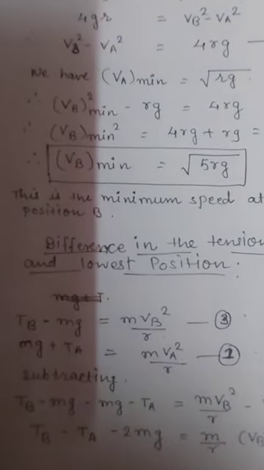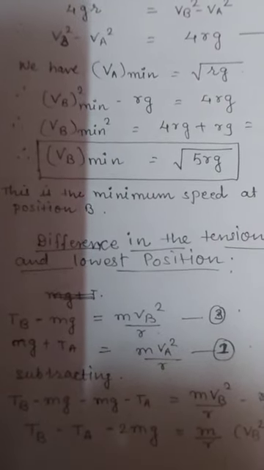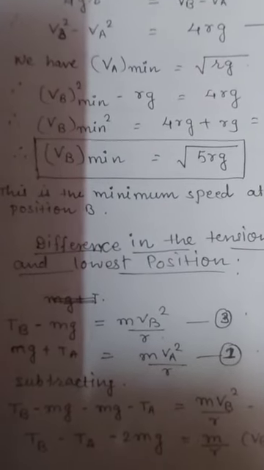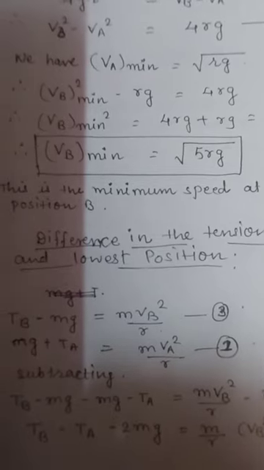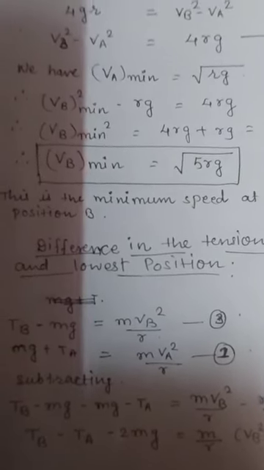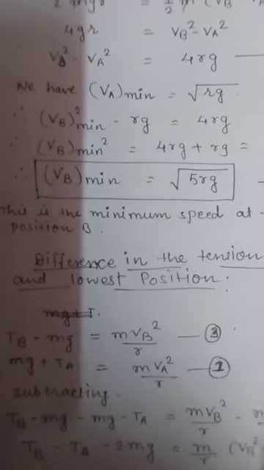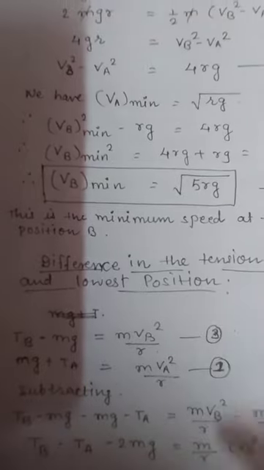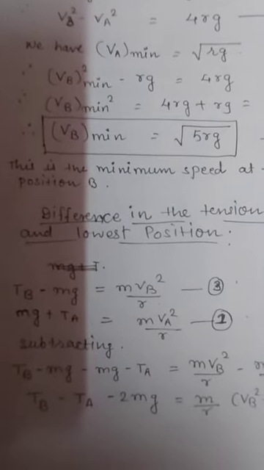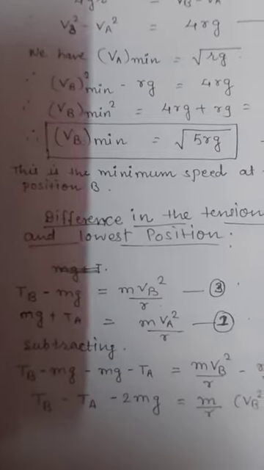The first one is Tb minus mg is equal to m vb square upon r, and the other is mg plus Ta is equal to m va square upon r. These two are the equations at the lowermost and uppermost positions. So we'll take the difference between these two. If we subtract these two, what will we get?